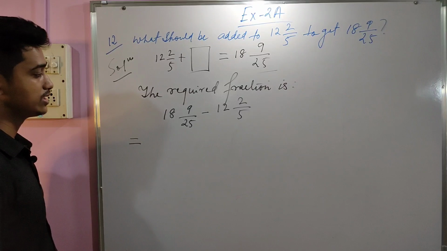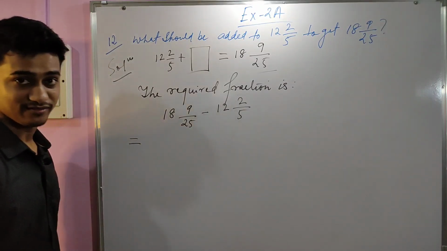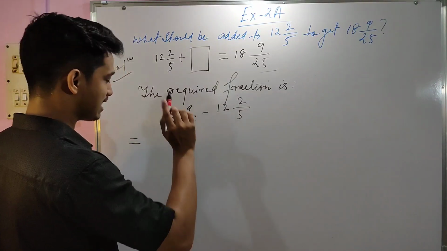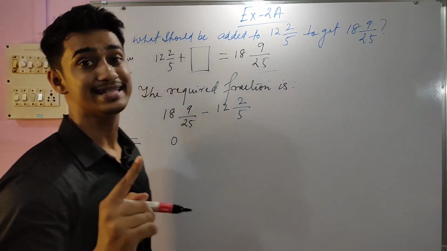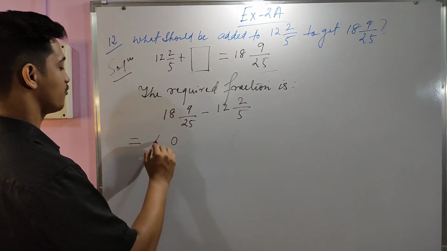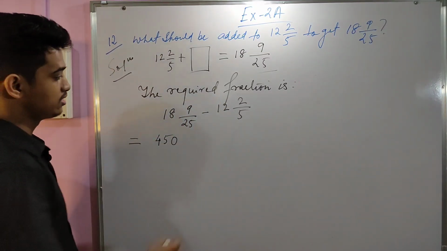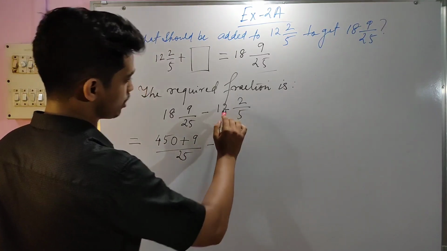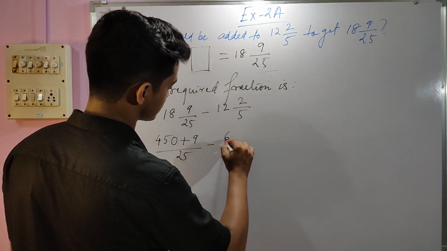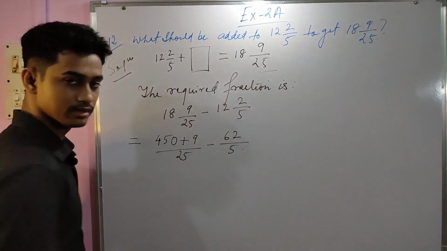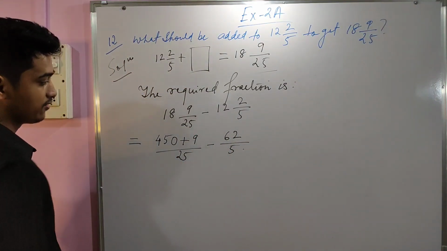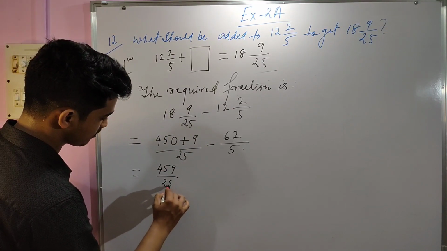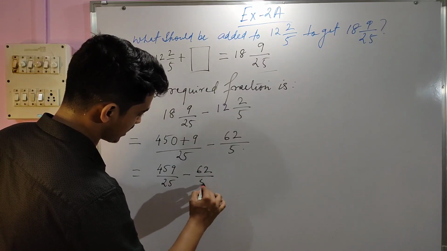So just simply calculate this. 18 into 5 is 90, 9 carries, 18 into 2 is 36, 36 plus 9 is 45. So 45 plus 9 by 25 minus 12 into 5 is 60, 60 plus 2 is 62 by 5, right? 62 by 5. So what is the answer? 459 by 25 minus 62 by 5.